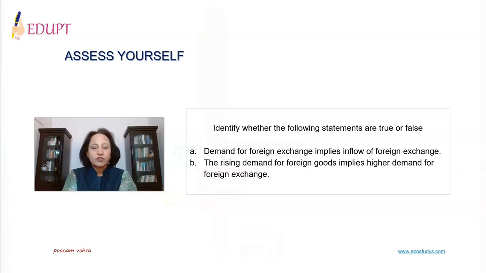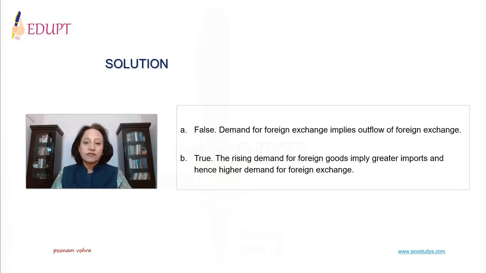Now have a look at these two statements and identify whether they are true or false. A. Demand for foreign exchange implies inflow of foreign exchange. And B. The rising demand for foreign goods implies higher demand for foreign exchange. Please check your answers.